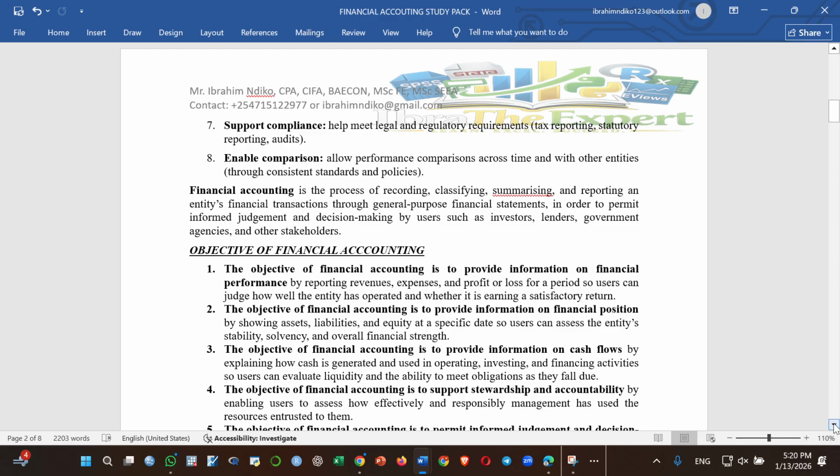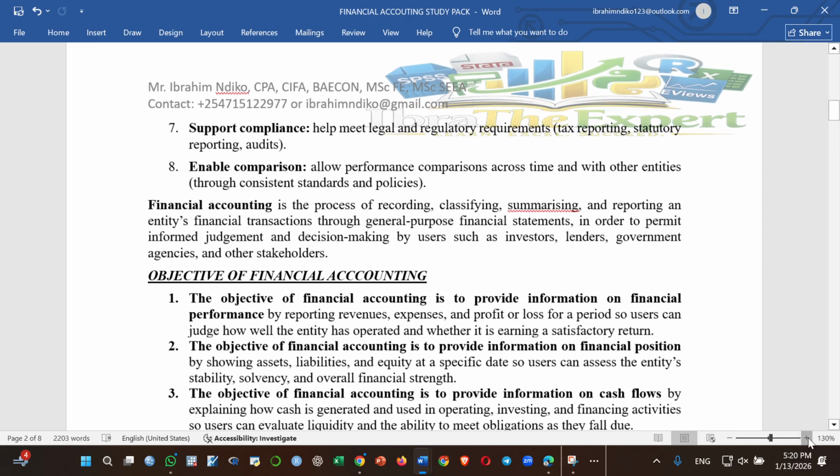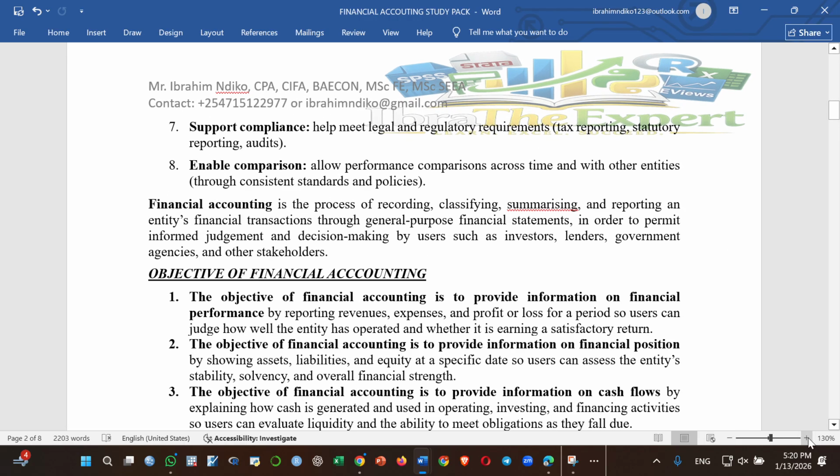Now let us see what is financial accounting. Since we have talked about accounting, it will be good if we now talk about financial accounting. Financial accounting is the process of recording, classifying, summarizing, and reporting an entity's financial transactions through a general purpose financial statement in order to permit informed judgment and decision by the users.